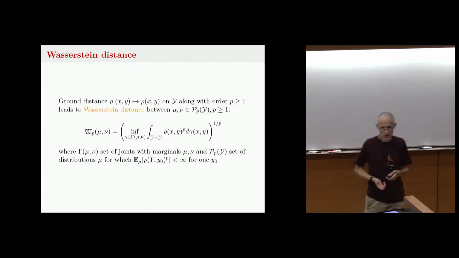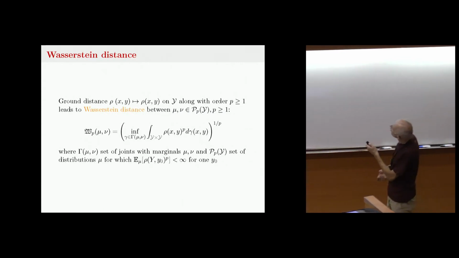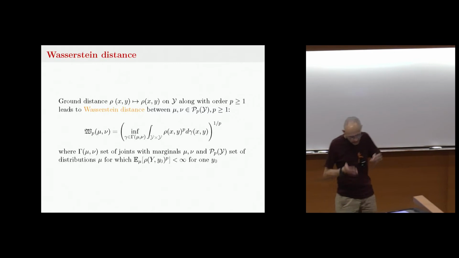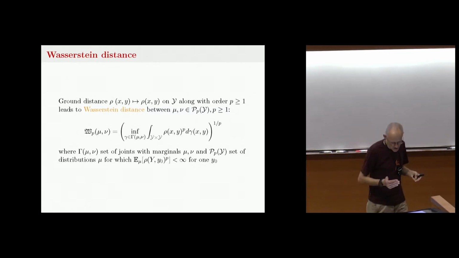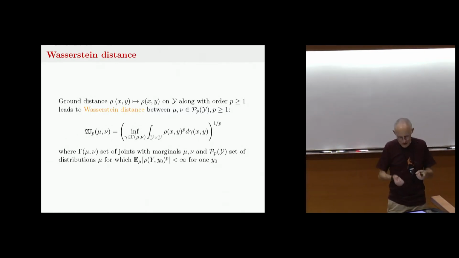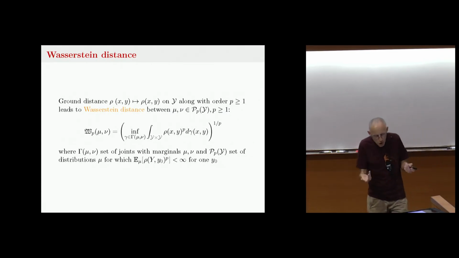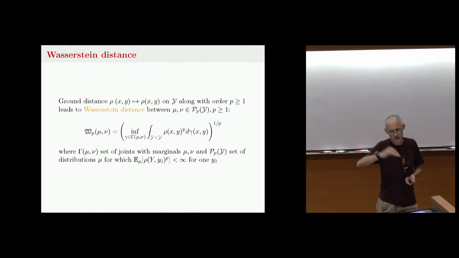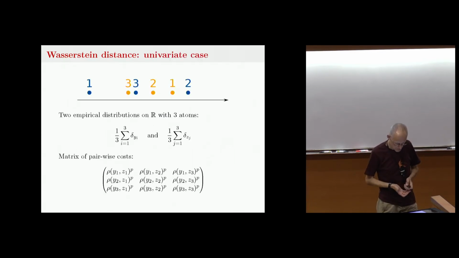And then an extra calibration is a choice of the power p here and there. Okay. So fixing the marginals as mu and nu, one tries to figure out the best combination of those two distributions. So that's connected to Copula issues as well, to bring the two distributions as the joint distribution of the two random variables as concentrated on the marginal as possible, as we saw this morning as well.